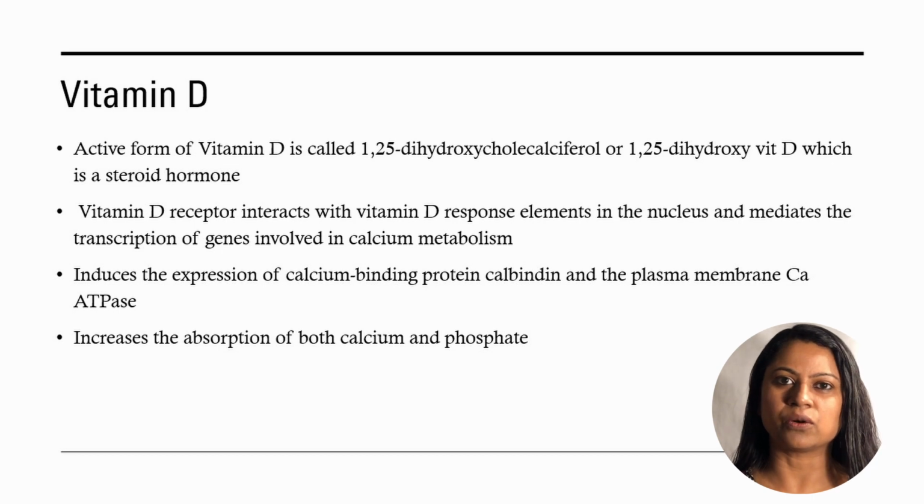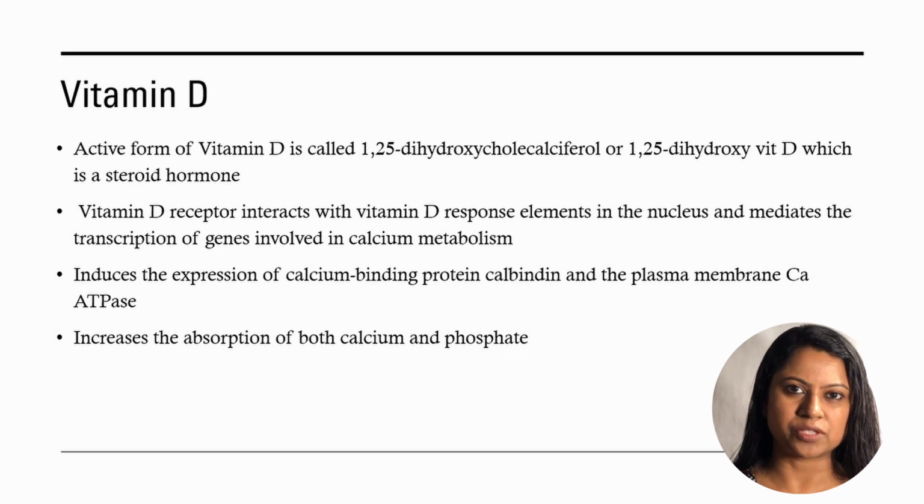or ergocalciferol. The active form of vitamin D is 1,25-dihydroxycholecalciferol, also known as 1,25-dihydroxyvitamin D or calcitriol. It is produced by two hydroxylation steps at carbon 1 and carbon 25.